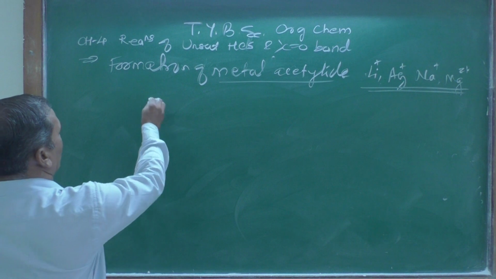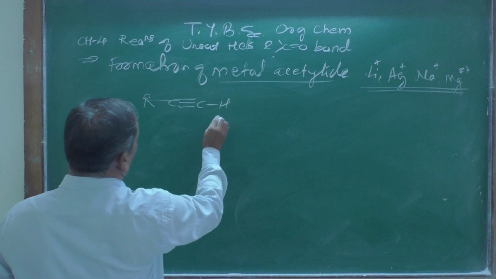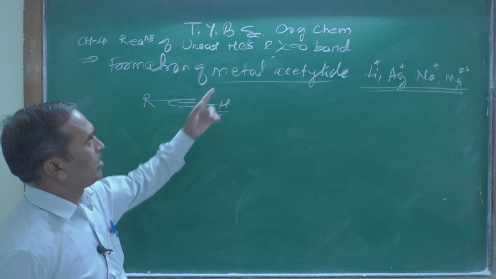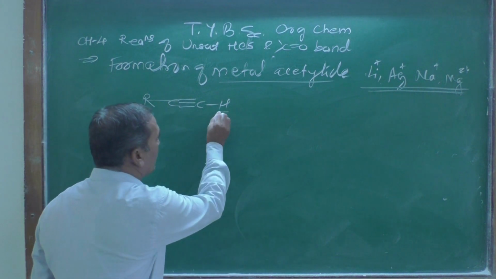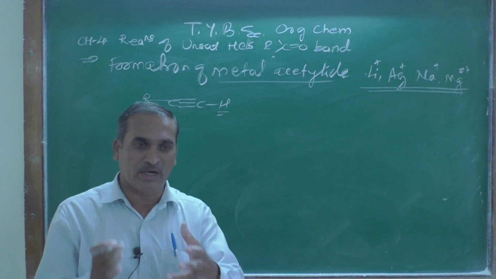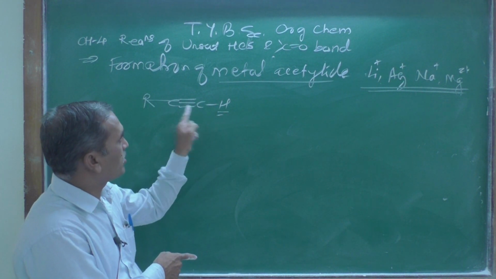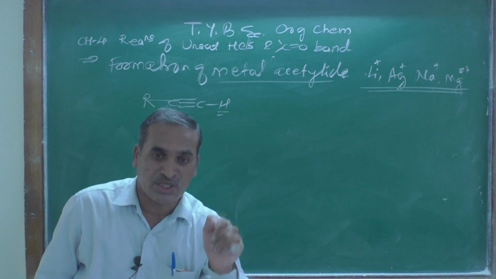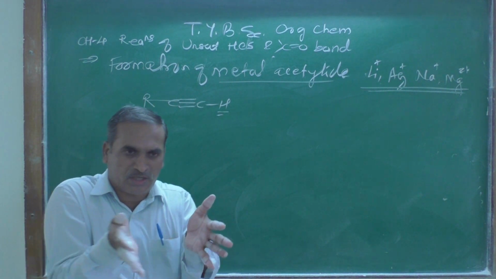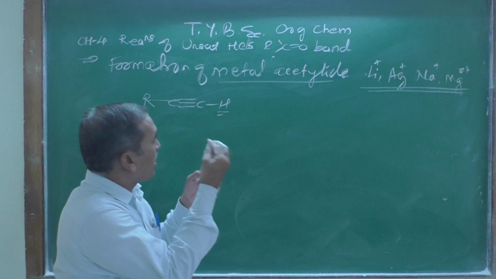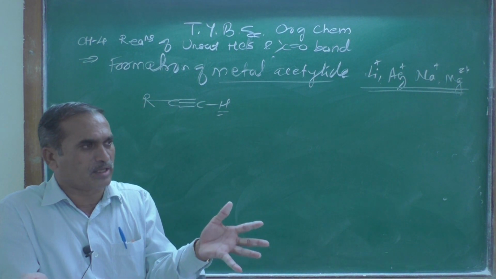For example, suppose we have a general reaction, R C triple bond CH. Why is this metal acetylide formed? Due to the presence of a highly acidic proton, and we already explained why it is highly acidic in nature: the hydrogen atom is attached to a carbon atom that is sp hybridized, and due to the carbon-carbon triple bond, shorter bond lengths are there, and that hydrogen atom is deprotonated.